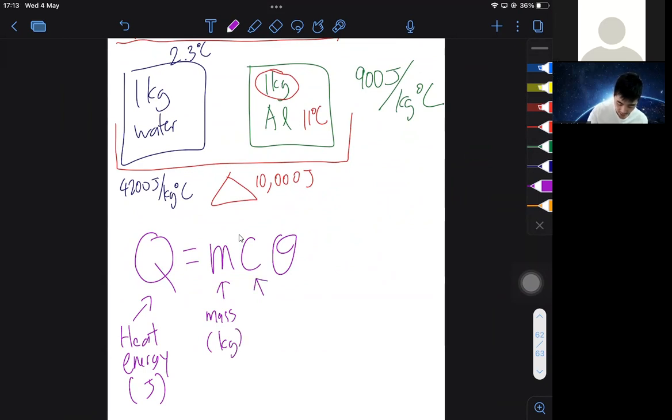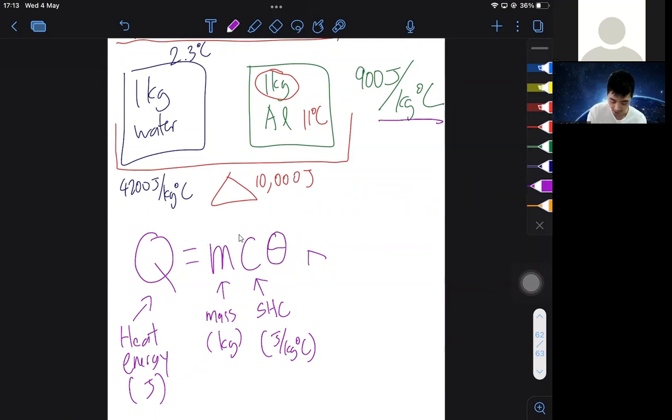This C stands for specific heat capacity, which is obviously measured in joules per kg degree Celsius, as I stated here. And this final thing here, this theta, for those who are confused with this symbol, it's supposed to be drawn like this, like a 0 with a cross in between, right?